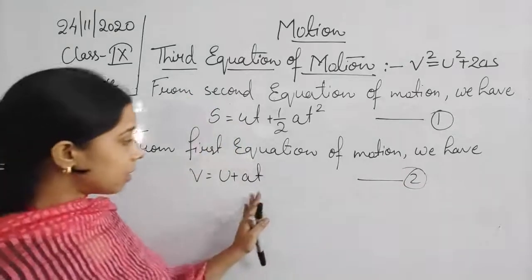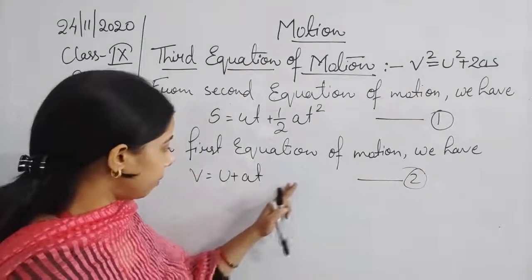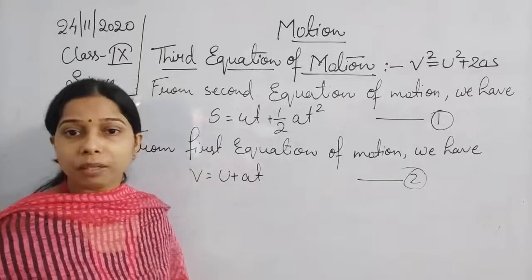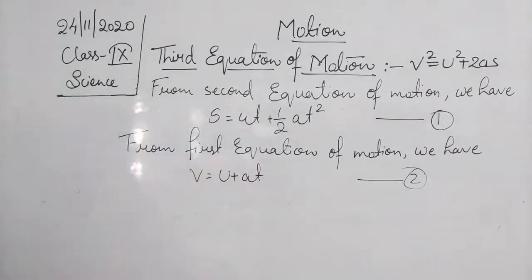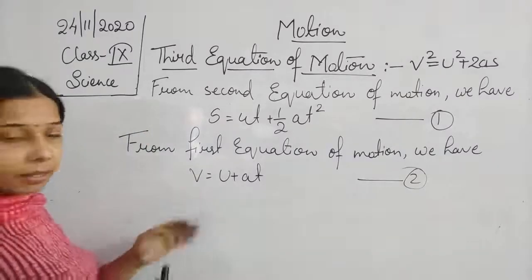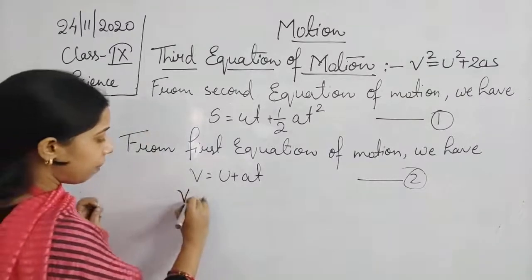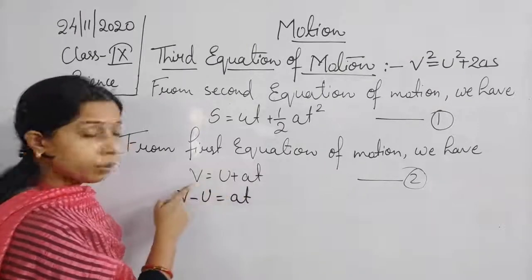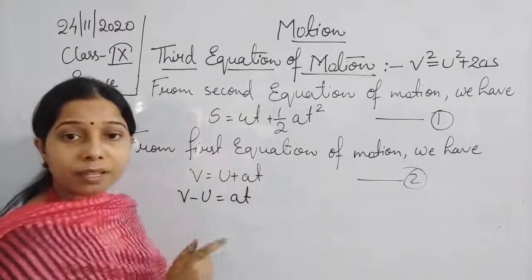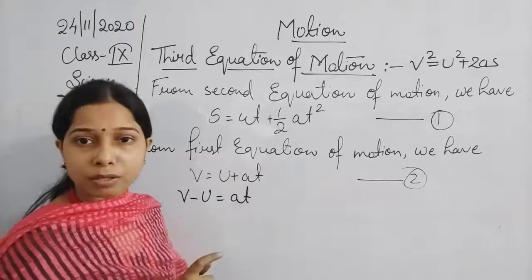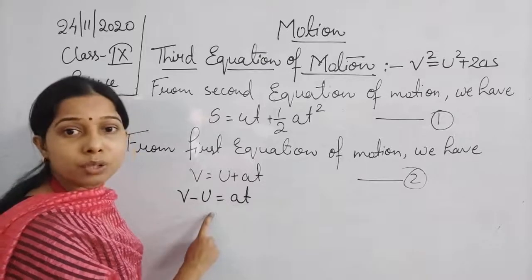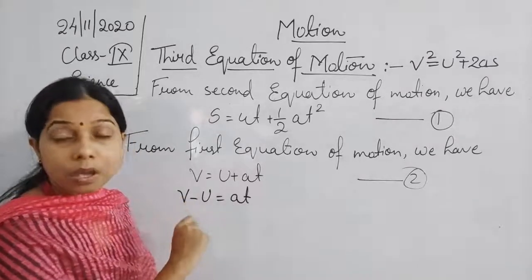By this expression, we are able to find the value for t also. How? We can write v minus u = at. This u will go to this side and the plus u will become minus u. So v minus u = at.